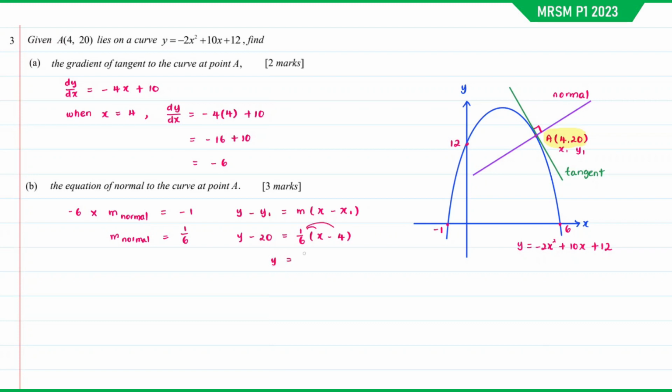Therefore, y is equal to 1 over 6x minus 2 over 3. Then move this negative 20 to the other side, it will be plus 20. Then y is equal to 1 over 6x plus 58 over 3.